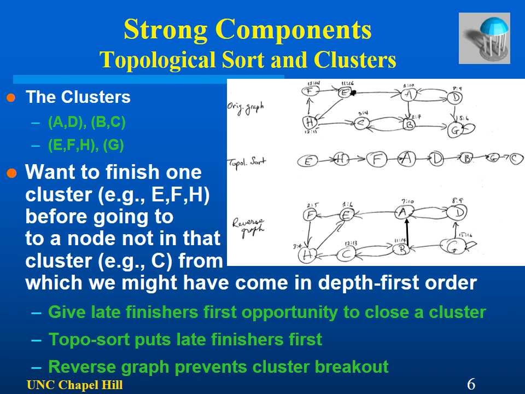Notice how the topo sort has got the cluster EHF all at the beginning. And the cluster BC is at the end with G between it.